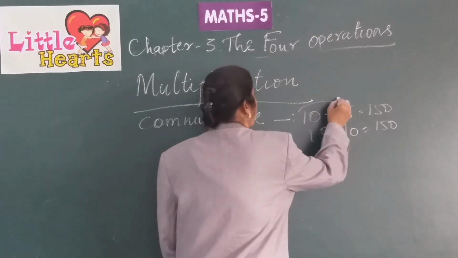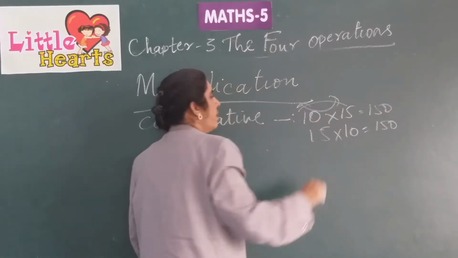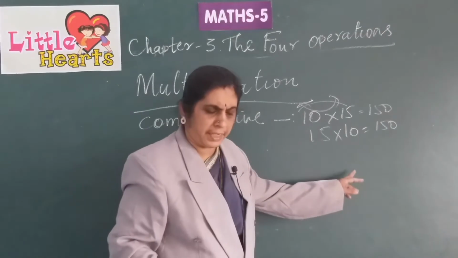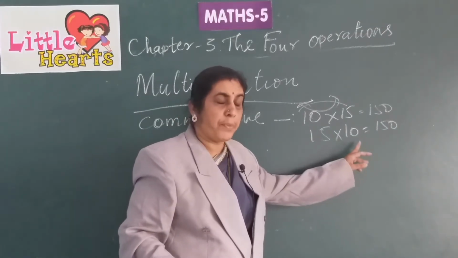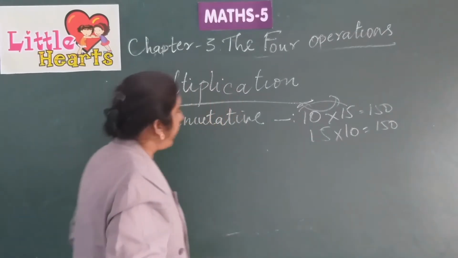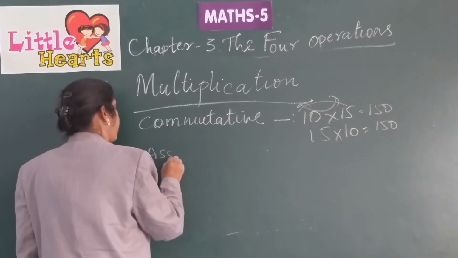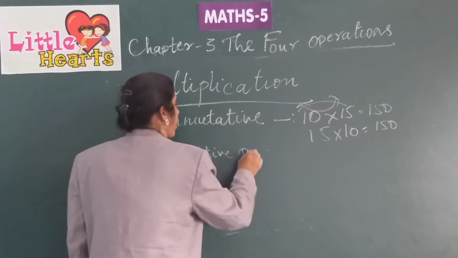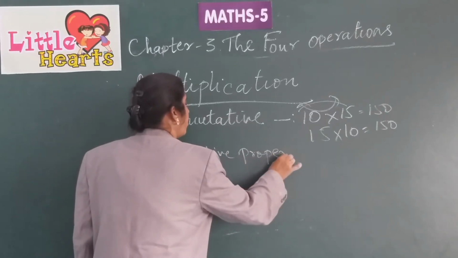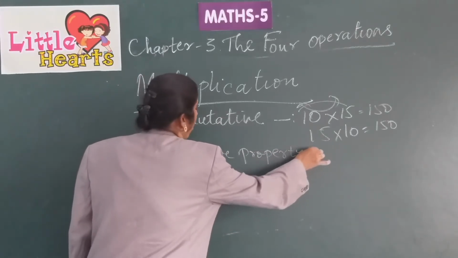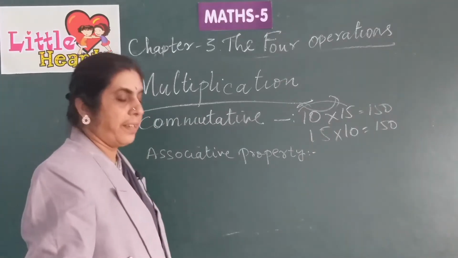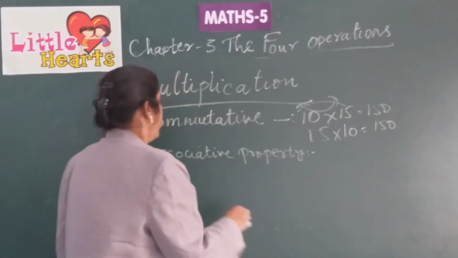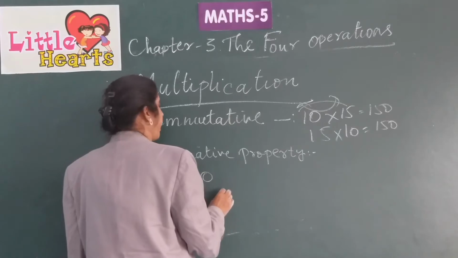If the order of the numbers changes also, the product will not change. That is the commutative property. Associative property. If two or more numbers are grouped together and if the order is changed and multiplied, the product remains the same.